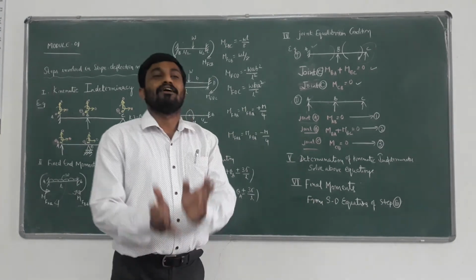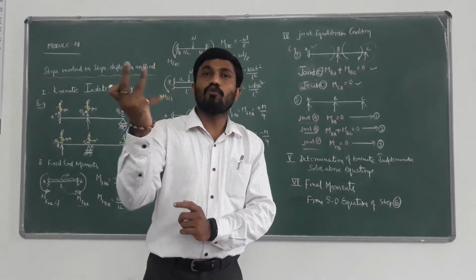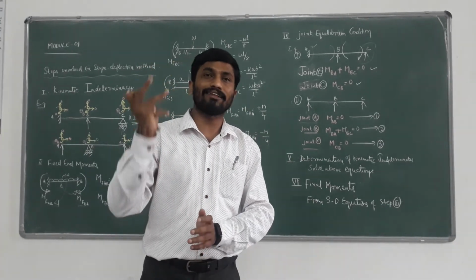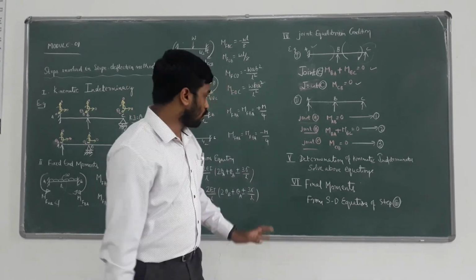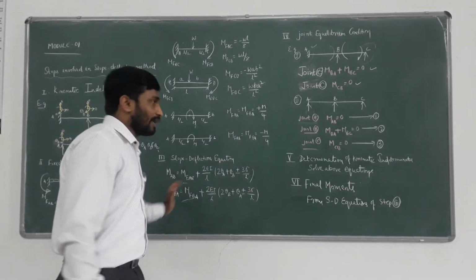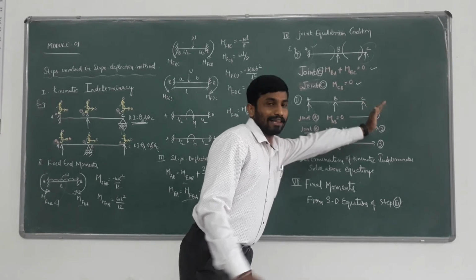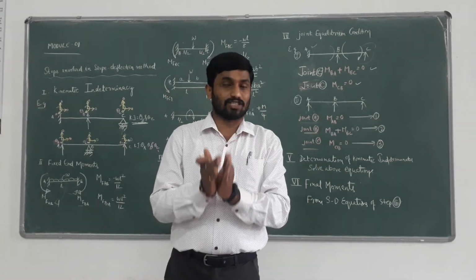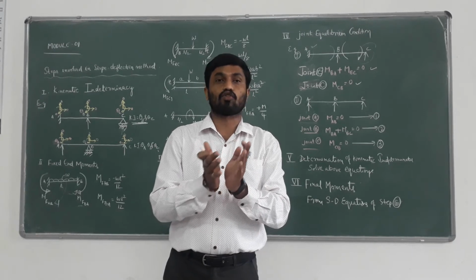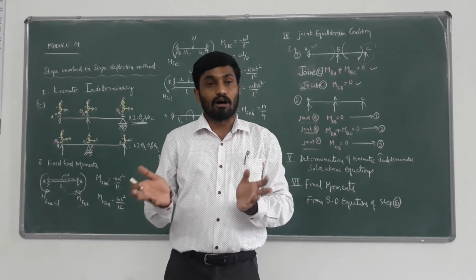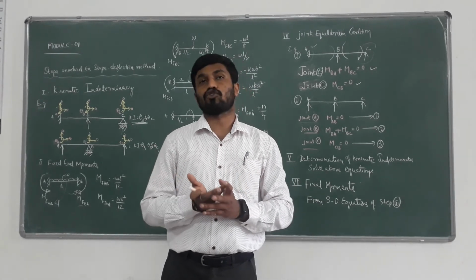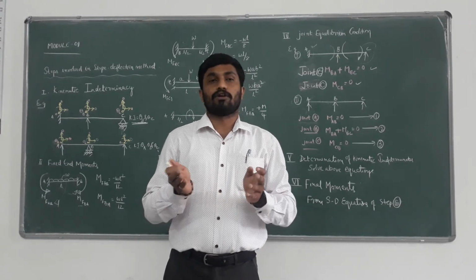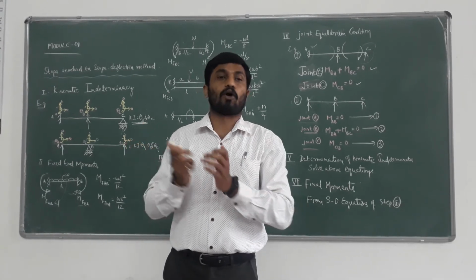We get two final moments for each span: MAB, MBA, MBC, MCB, and so on. These are the basic steps you have to remember while solving problems. The last step is computation of the shear force diagram and bending moment diagram. We will discuss that in detail when we solve the problem.